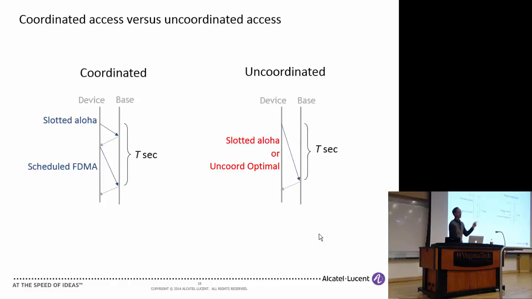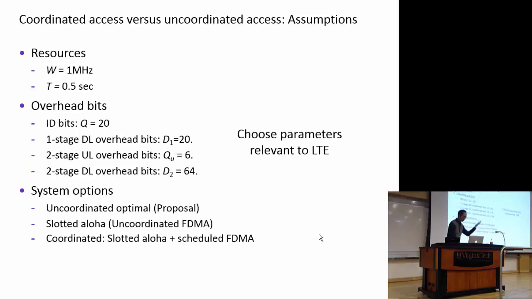Compare that with the slotted aloha strategy that I described. And let's compare that with a conventional LTE system which has slotted aloha in the first random access channel case, followed by a response from the base station, followed by some scheduled transmission. Okay, so there are three options that we want to compare. There are some parameters that characterize the system.